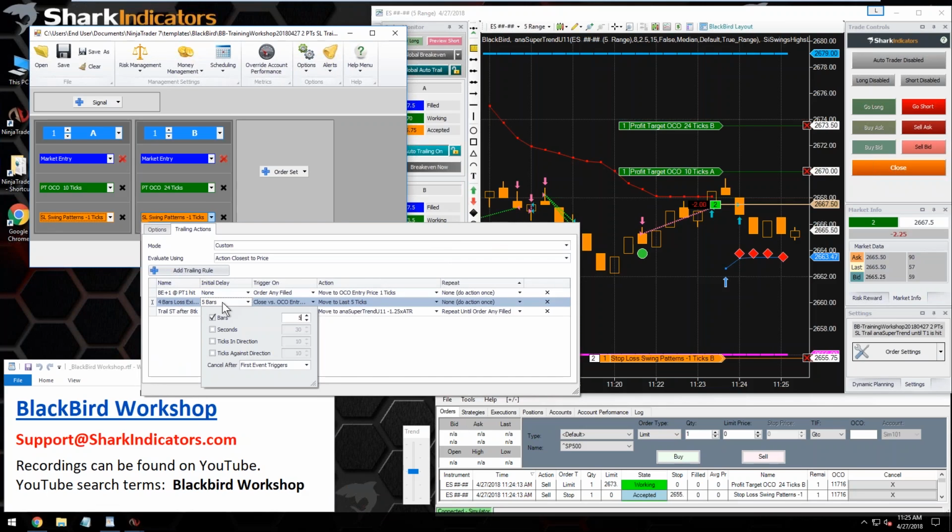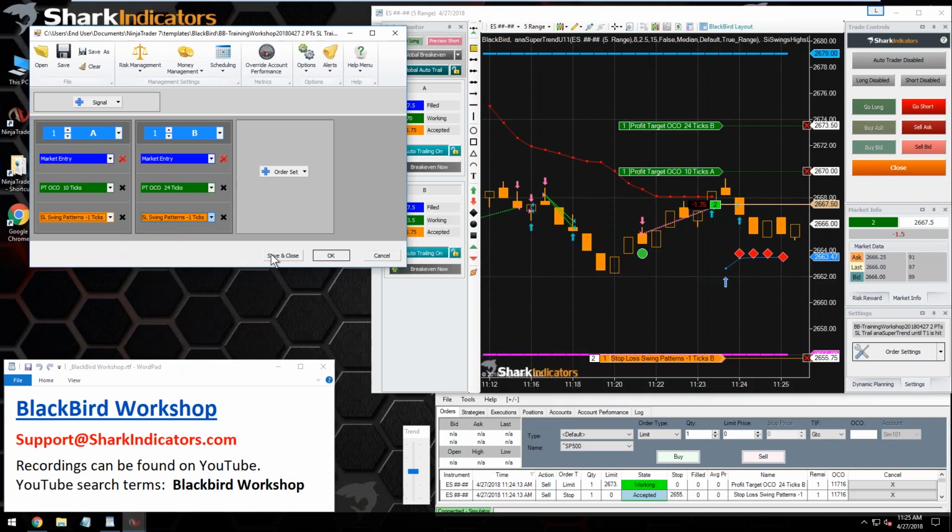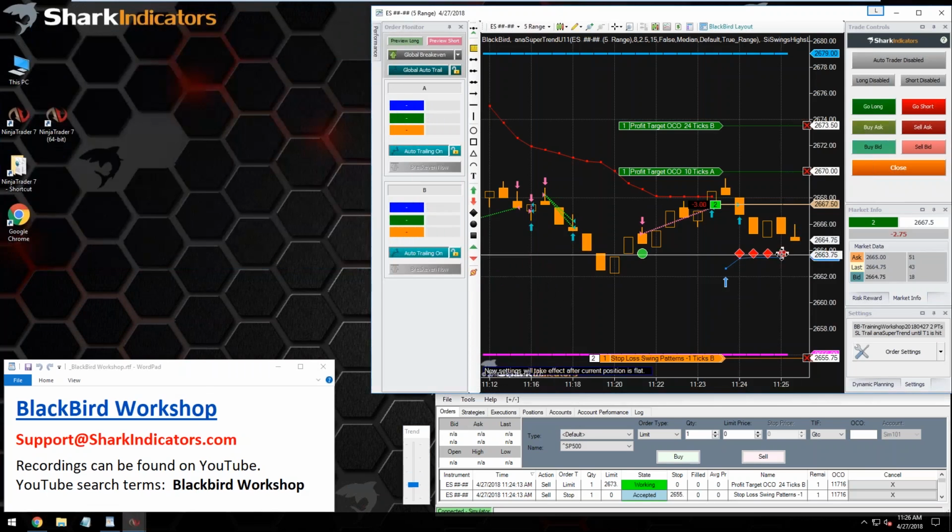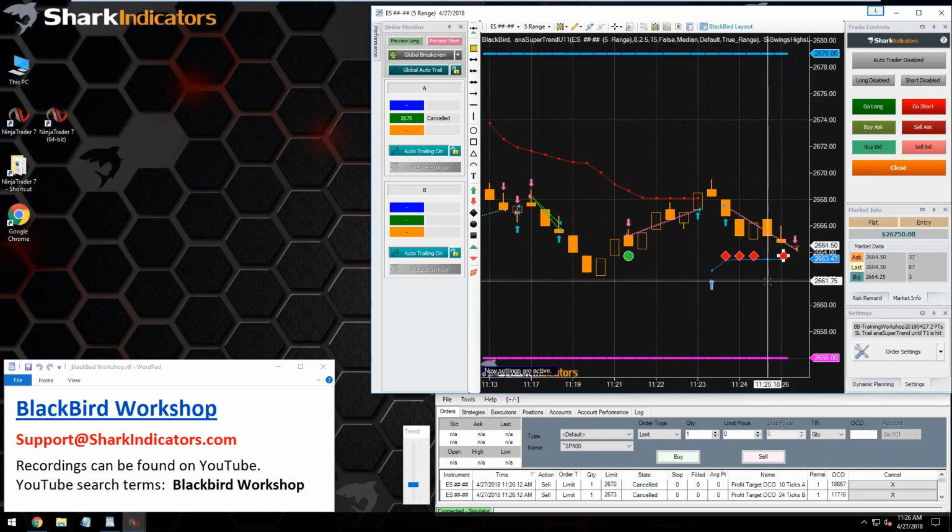Here's this rule. Let's knock that down to 4. Okay. Save that out. Now, when this 5th bar closes here, there we go. So it took 5 bars before it closed out.